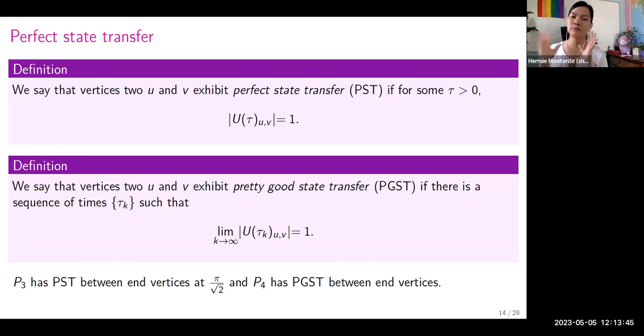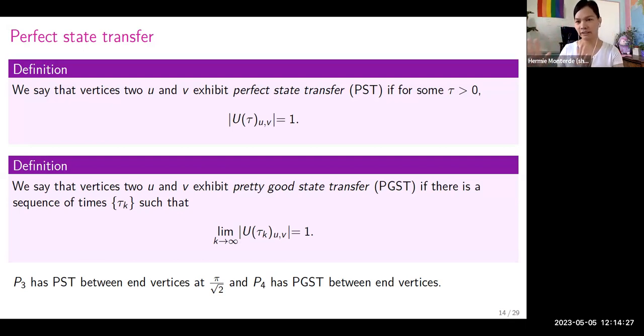As you can see here, for perfect state transfer, at a specific time t we attain 1 as the modulus of the uv entry. For pretty good state transfer, that's not necessarily the case. Rather, we have a sequence of times such that the limit of this expression is 1. So the main difference is that 1 in pretty good state transfer is the limit point of these quantities, whereas it is attained in perfect state transfer. All right. Later on, we'll see why these things are important.